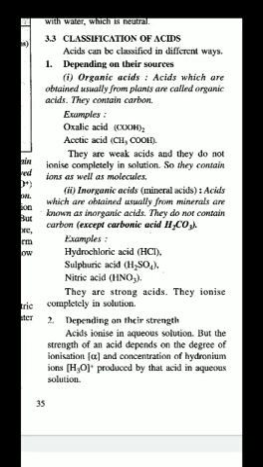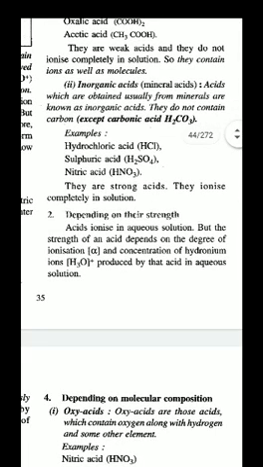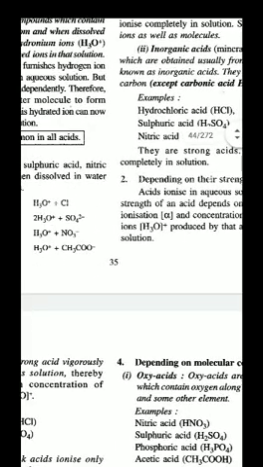Now we have strong and weak acids. Children, acids ionize in aqueous solution, but the strength of an acid depends on the degree of ionization. Children, what do you mean by degree of ionization? How fast they are converted into ions, how fast they degrade and donate their H+ ion in aqueous solution.